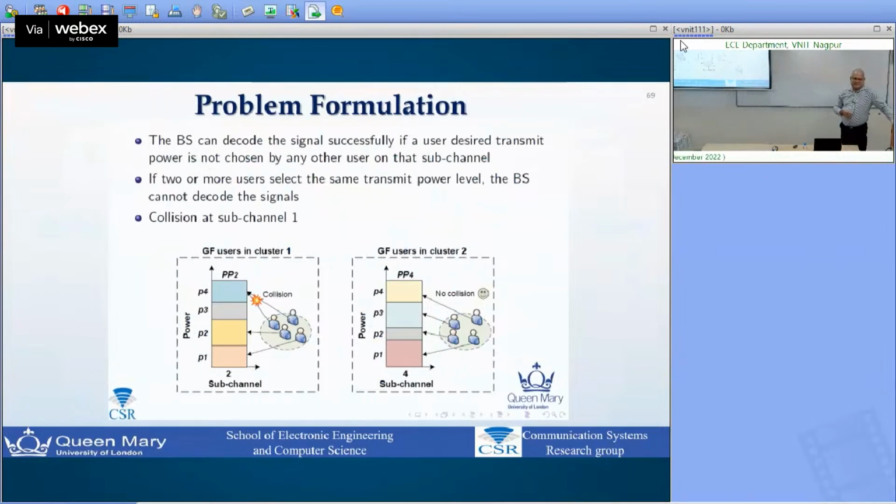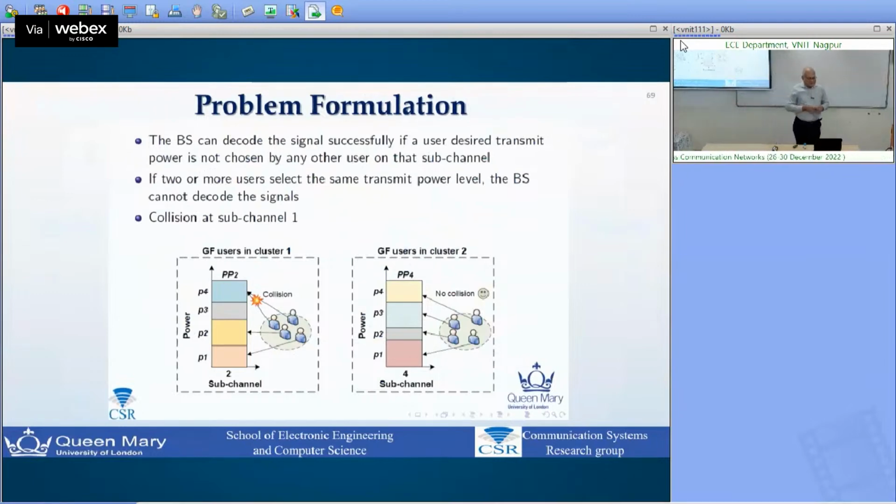In the same sub-channel, their channel gain is nearly the same. So collision will occur. In this case, all 4 users select 4 different power levels. Here in this channel, no collision.